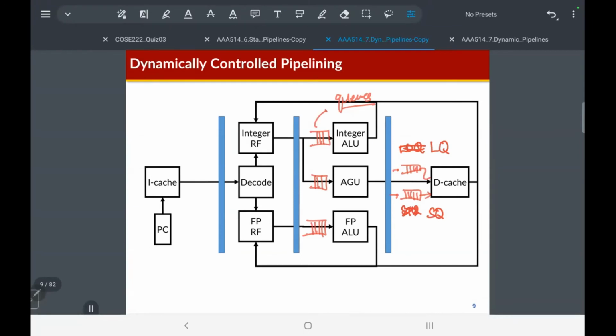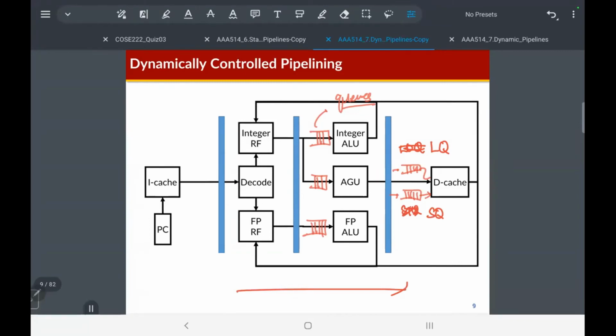We can fetch the instruction in the fixed cycle, but some instructions are time-consuming parts of the instruction fetch.